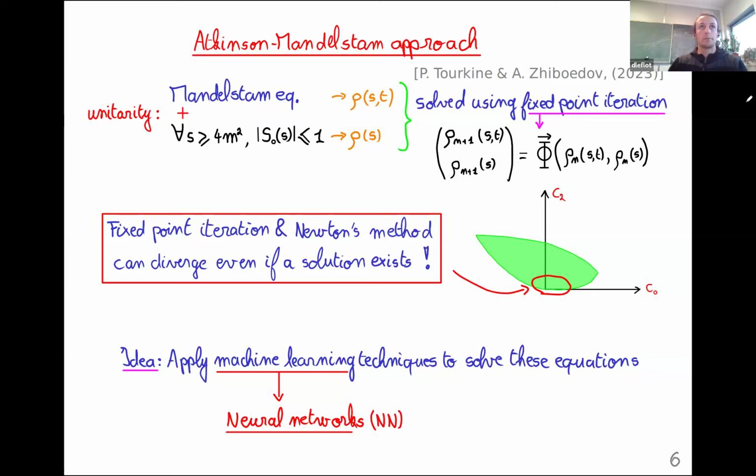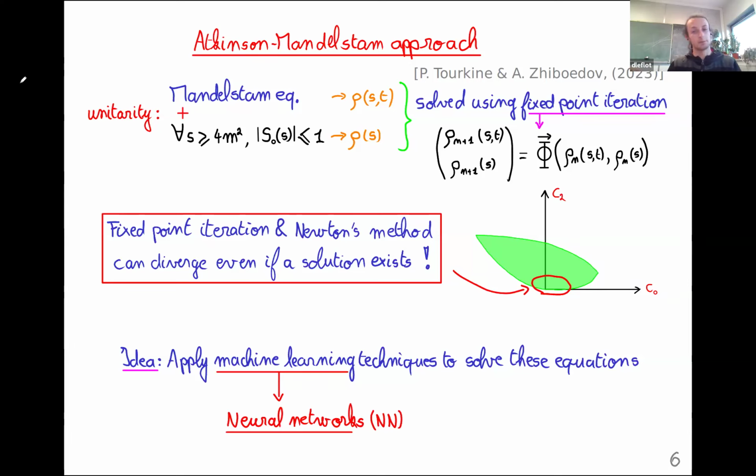You could try another method to solve the unitarity equations. For example, you can try Newton's method, but you will encounter the same kind of divergence issue. Newton's method can also diverge even if there exists a solution.